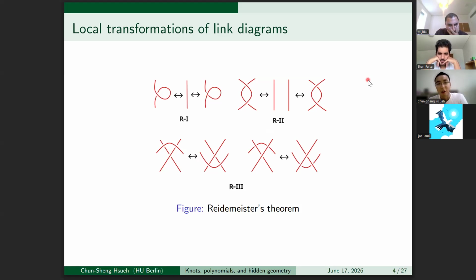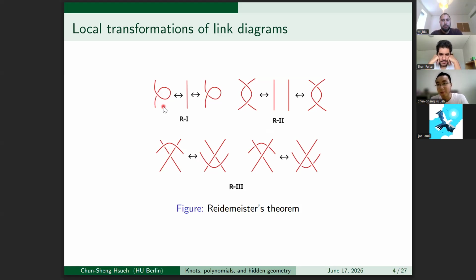They are a specific chosen projection onto the plane, or onto the paper or blackboard, such that the pre-image of every point is at most two. So you only see, for example, here where there are two strands lying on top of each other. This is something that we call a crossing. You don't want to have three strands meeting at a crossing. You at most allow two of them.